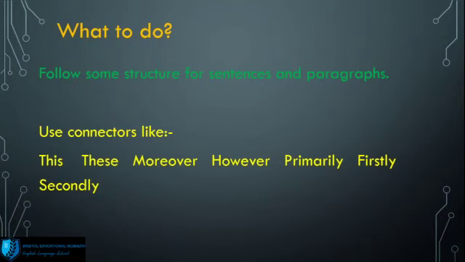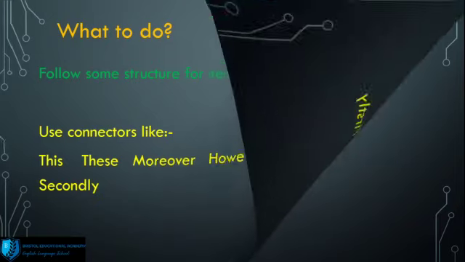So these are basically connectors. Similarly, if you want to add on to some other sentence, then we can use the word moreover. If we want to give contrasting information, then we can use a word like however. Primarily, to begin with, like firstly and secondly, we can use these connectors.